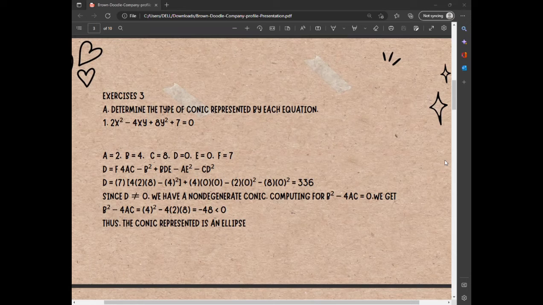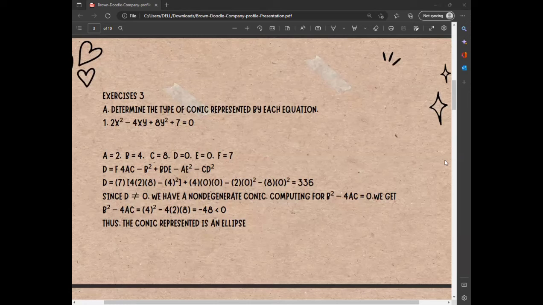These are the givens: A is equal to 2, B is equal to 4, C is equal to 8, D is equal to 0, E is equal to 0, F is equal to 7. So, this is the formula: D is equal to f, 4AC minus B squared plus BDE minus AE squared minus CD squared.